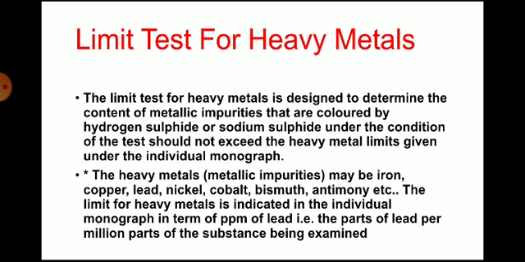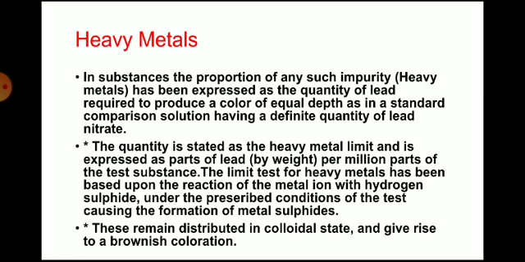The heavy metal impurity is expressed as the quantity of lead required to produce a color of equal depth as in the standard comparison solution with a definite quantity of lead nitrate.